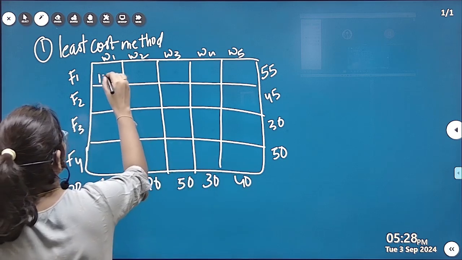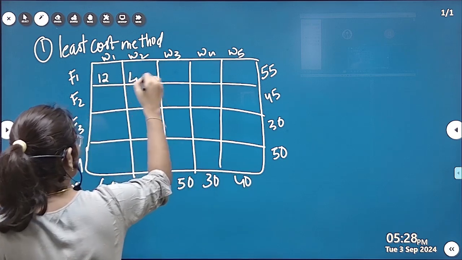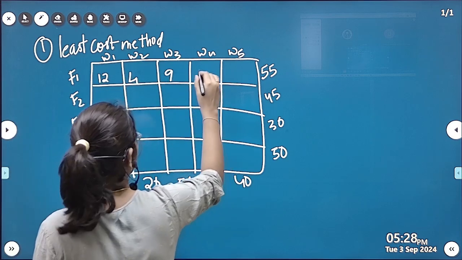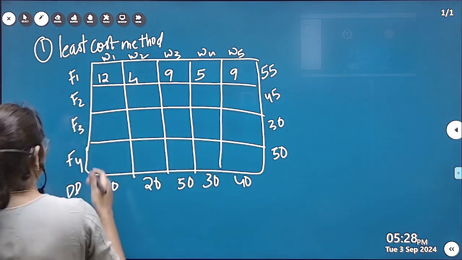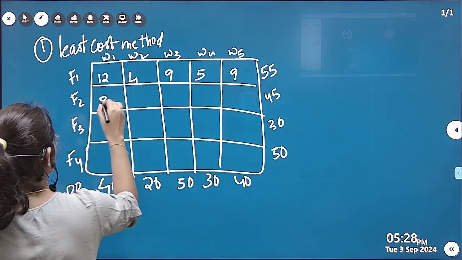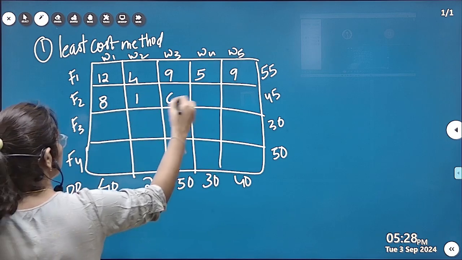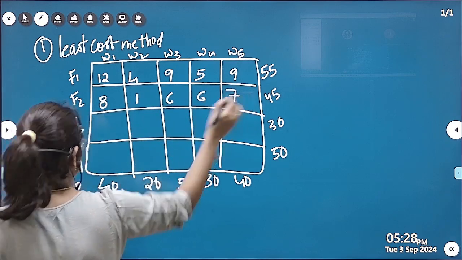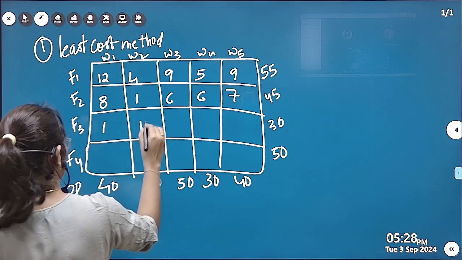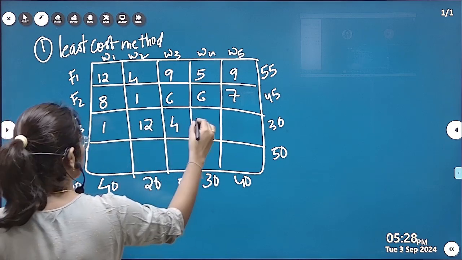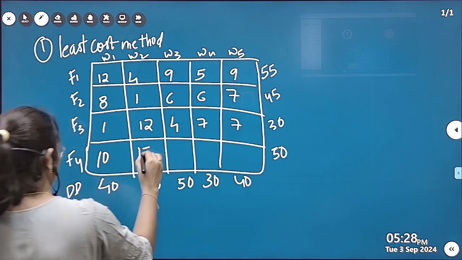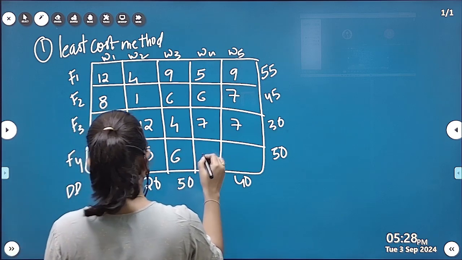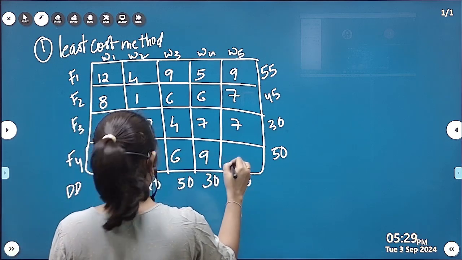So now note down the question, I will tell how to solve. 8, 1, 6, 6, 7, 1, 12, 4, 7, 7, 9 and 1.